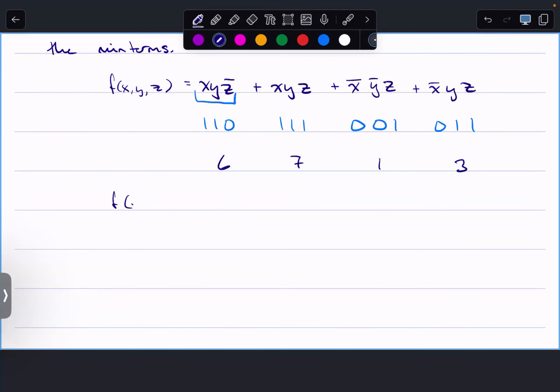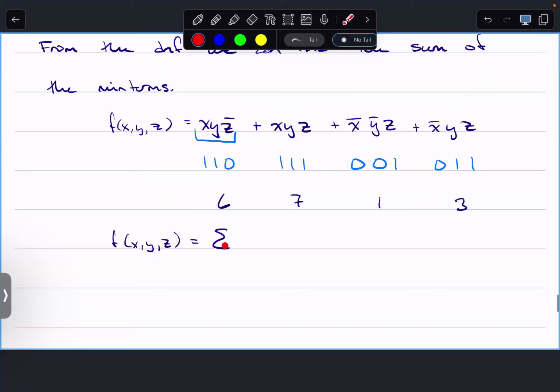So then the min terms is the sum. Now remember, the summation notation is just these being added together. So we're not really adding these values, but what they represent are being added together.